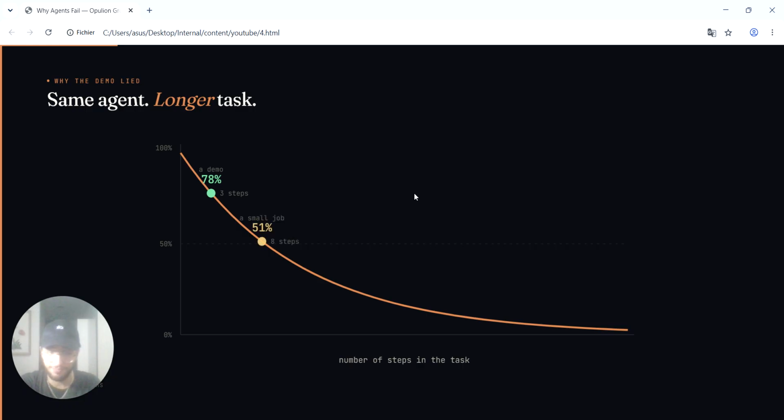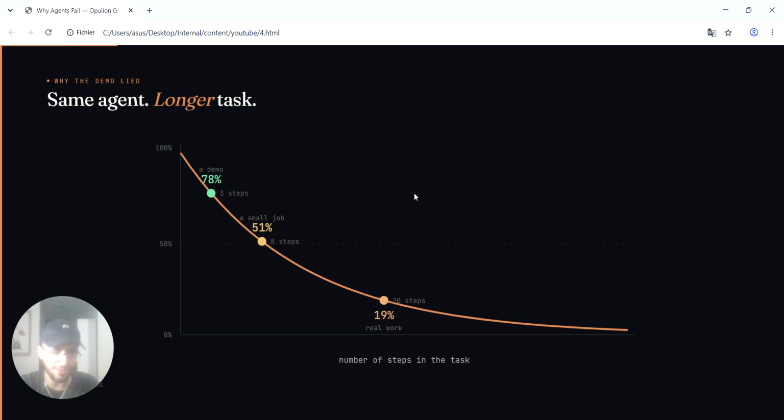Now 8 steps, a small real job maybe, and now you're at coin-flip reliability. Basically, this system is useless now. And now let's say 20 steps, which is what an actual production system would have, or even more. At this point it's failing more than 80% of the time, I bet.